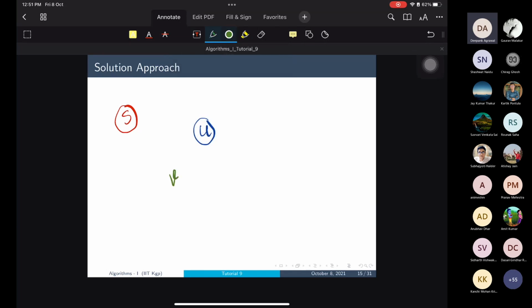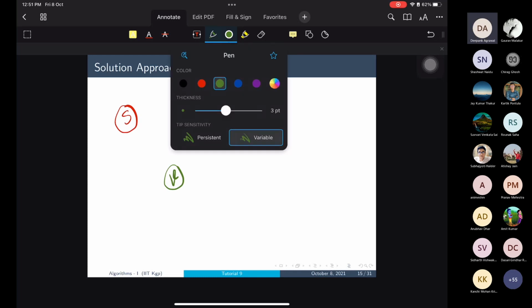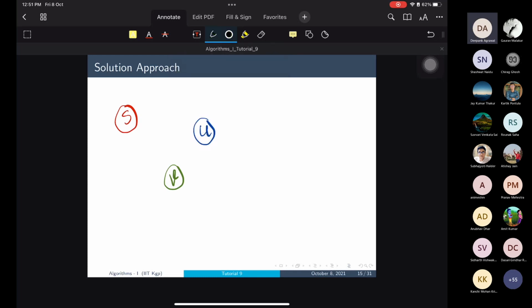And this is node V. So we already know that to reach U via S, it is dsu. And to reach V, it is dsv. Now we want to find out the optimal time to reach V.